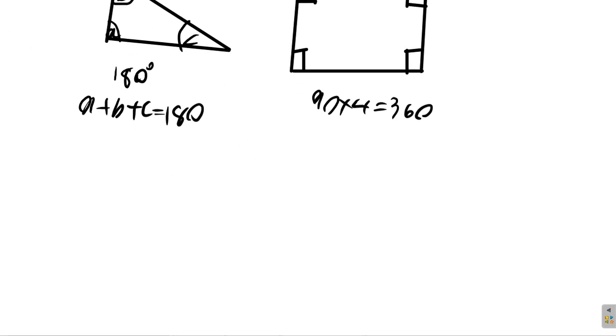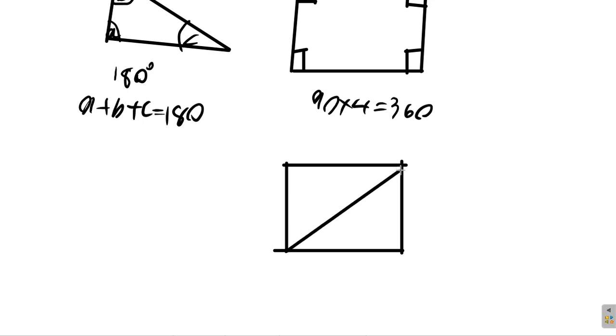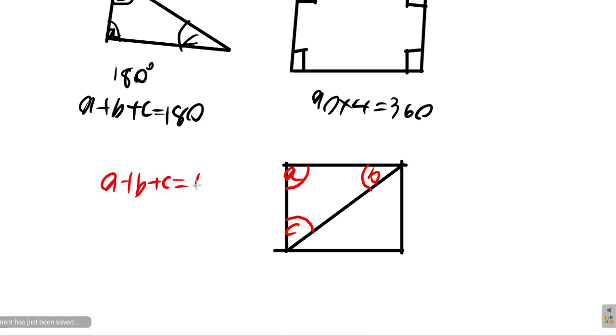Another way to look at the quadrilateral is that you can divide it into 2 triangles. Here you have this triangle, this angle, and this angle. Call this A, B, C. A plus B plus C is what? 180.